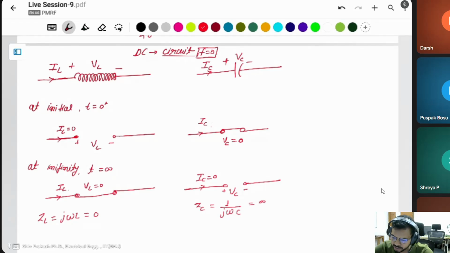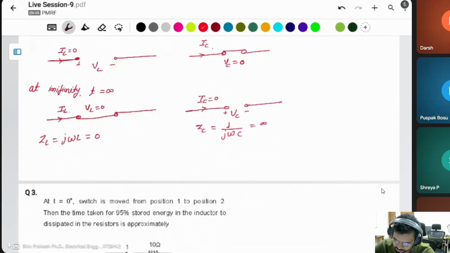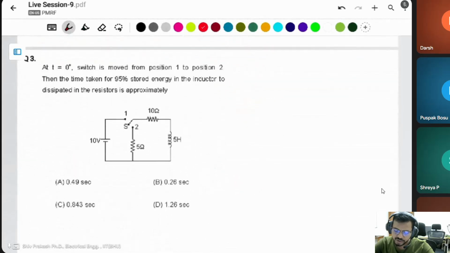Okay, let's try to solve the question related to this. At t is equal to 0 plus, the switch is moved from position 1 to position 2. It means first the circuit is connected like that, then after t is equal to 0, the circuit is connected like that.